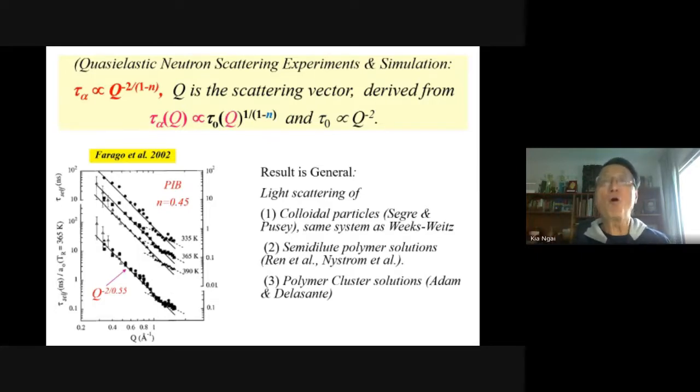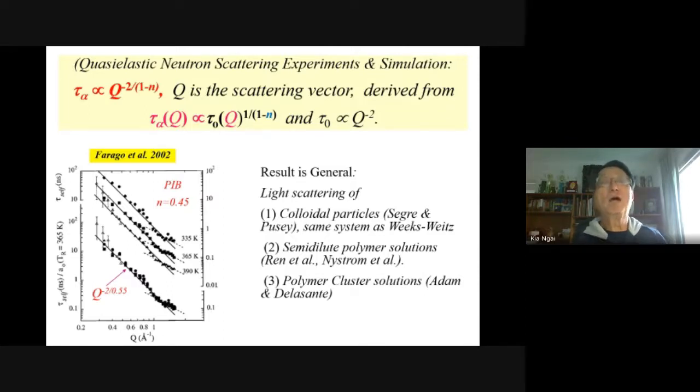You saw that before, and then immediately the n value is measured. For PIB, from the intermediate scattering function it is 0.45, in the figure on the left corner there. And then you put in there minus 2 divided by 1 minus n, and then you immediately get the line, which is exactly what is measured.